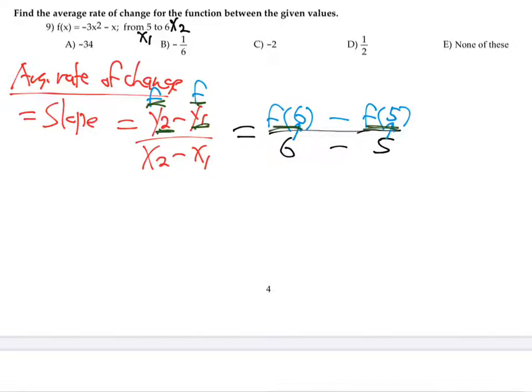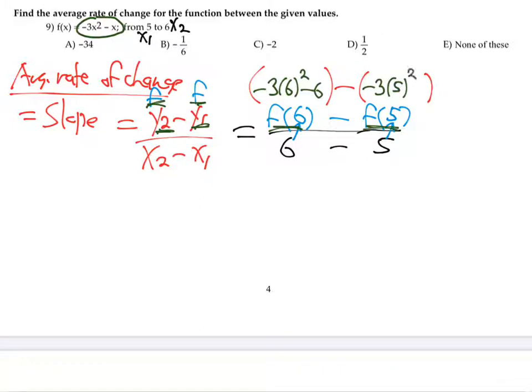Now what is f of 6? It means you take this function here and you plug in 6. So it'd be minus 3 times 6 squared minus 6 minus, and then you plug in 5.